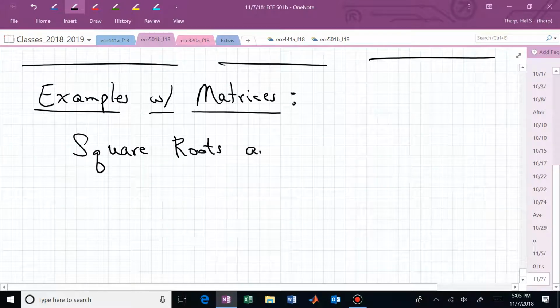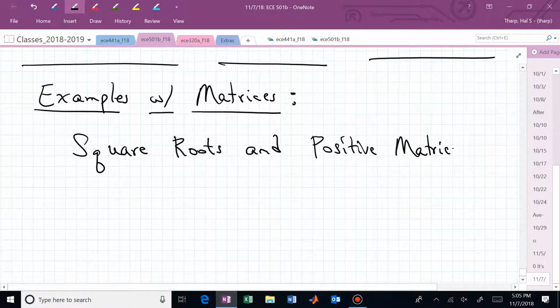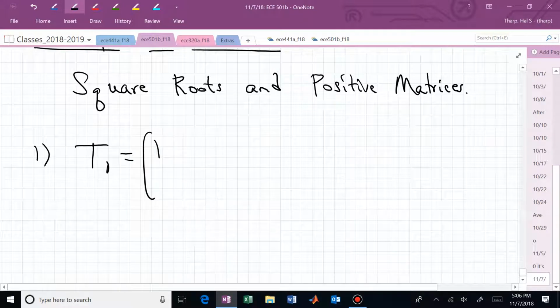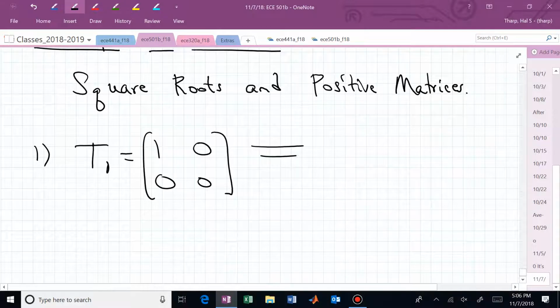Square roots and positive matrices. One. Suppose T1 is that. What are the eigenvalues of T1? 1 and 0, right? They're on the diagonal. It's diagonal, isn't it? So T1 has its eigenvalues on the diagonal.